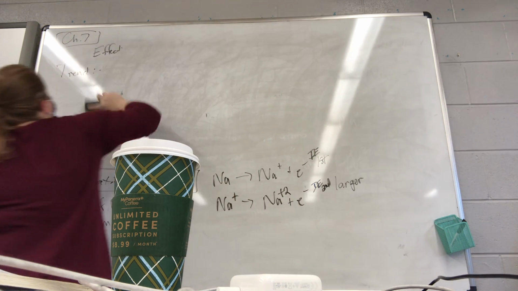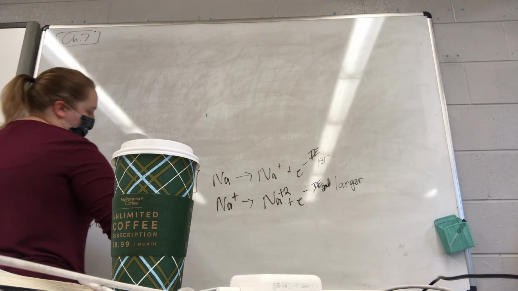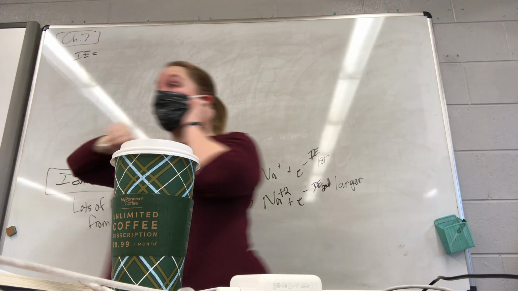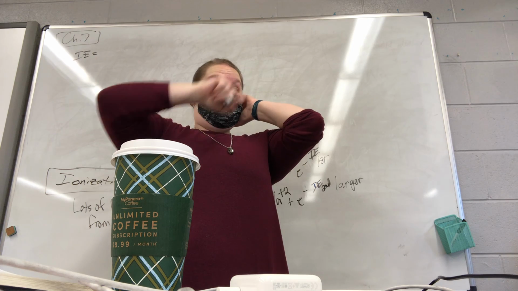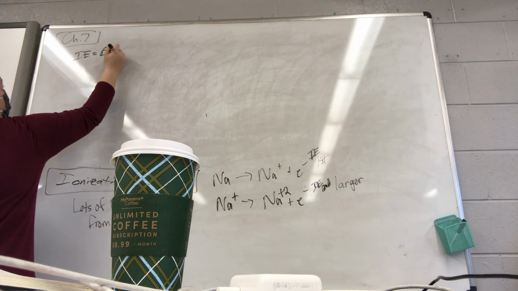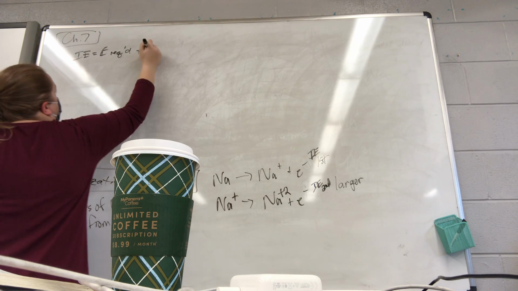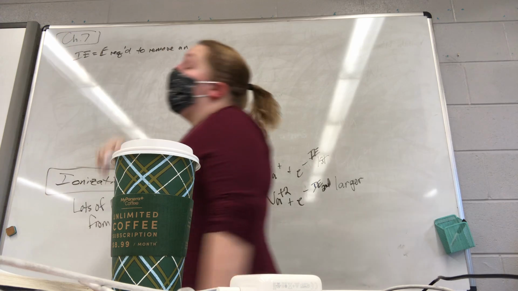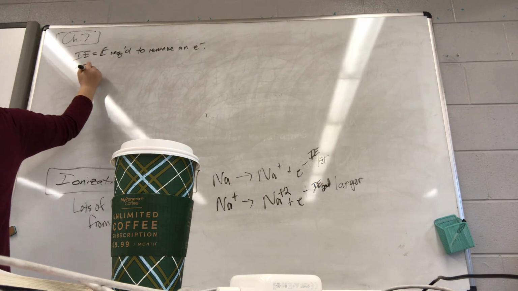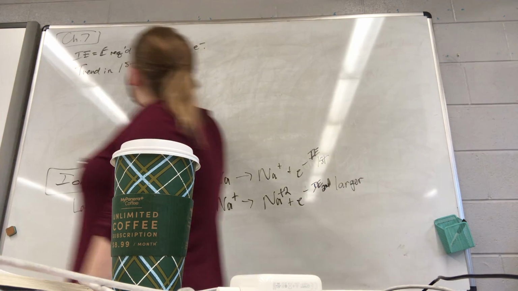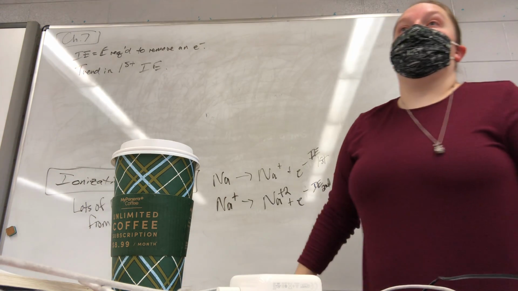Talk about what an ionization energy is and what the trends are. So what was an ionization energy? Energy required to remove an electron. When we talked about the trend, we only talked about the trend in the first ionization energy on the periodic table.